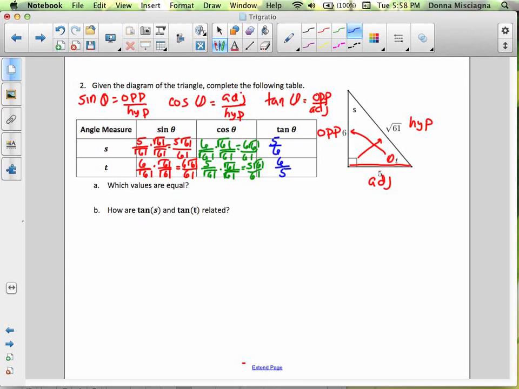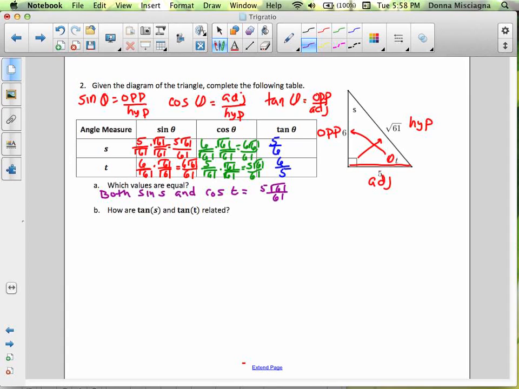So you might see some relationships between the different trig values. If you notice, some trig values are equal to one another. If we look at sine S and cosine T, they were the same value. Both sine S and cosine T equal 5 square roots of 61 over 61. And that makes sense because opposite and adjacent switch depending on the angle.